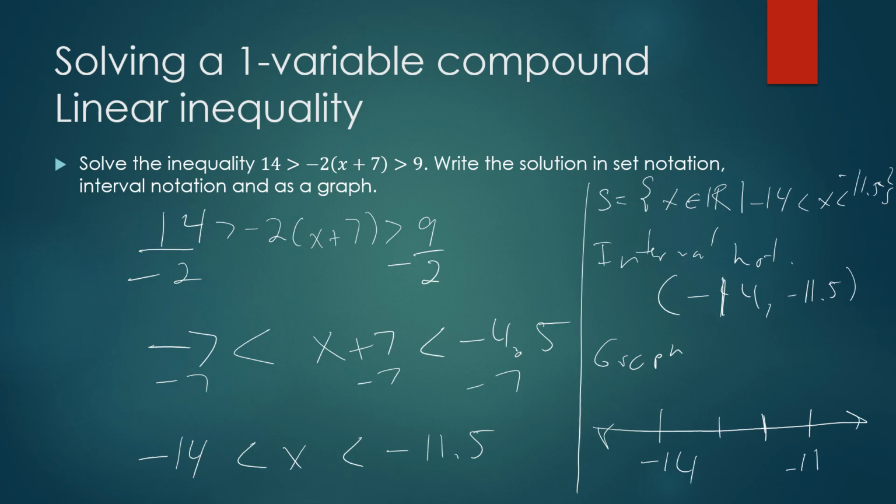We're going to have open circles at negative 14 and at negative 11.5. Since we want the numbers in between, as the interval notation and the set notation tell us, we're going to shade in everything in between. And there we go.